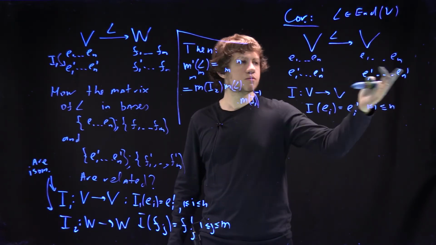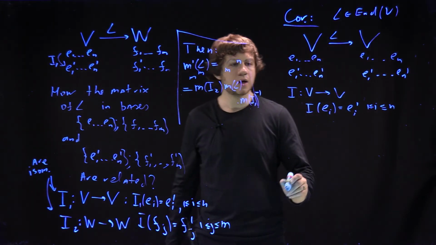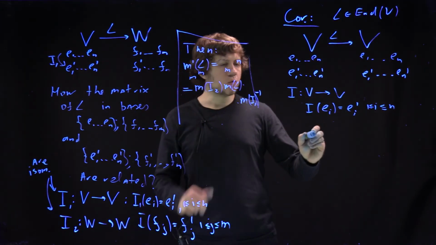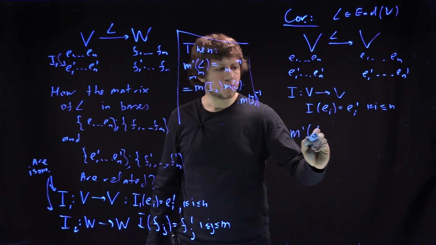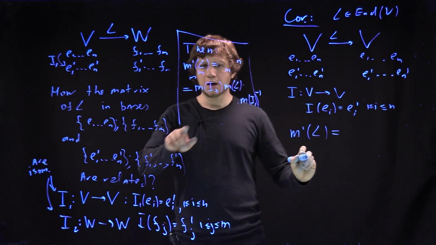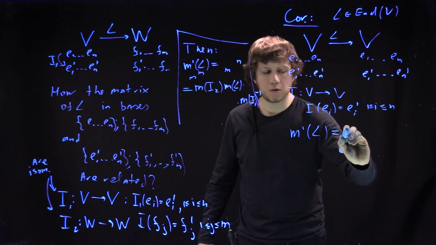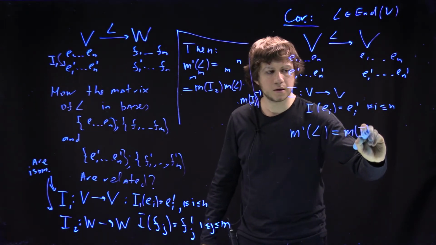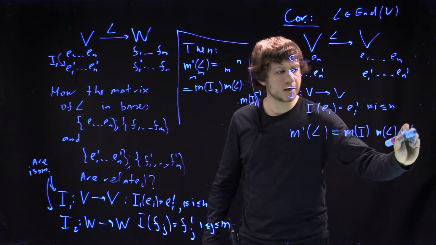So now all the numbers are the same, and there is just one such isomorphism. And so then what we know is that M prime of L, which is this matrix in the second basis, equals M of I, M of L, M of I inverse.